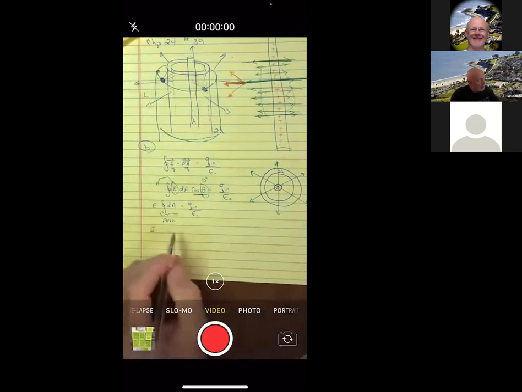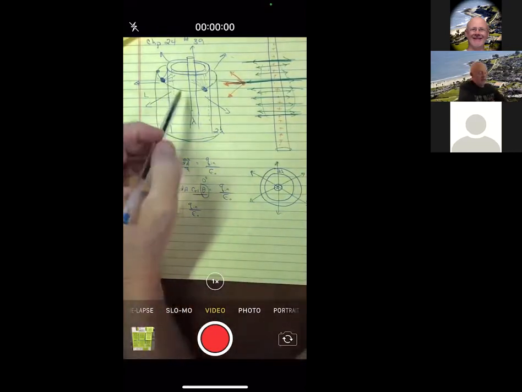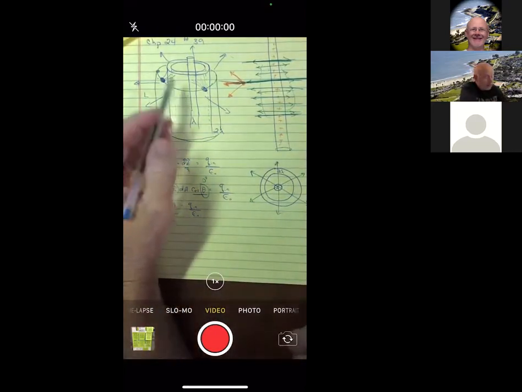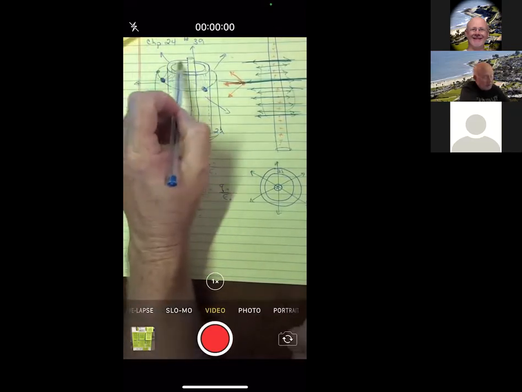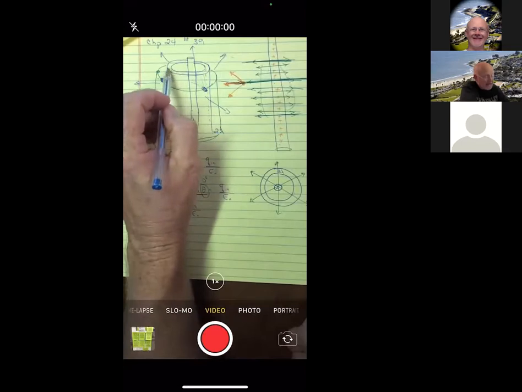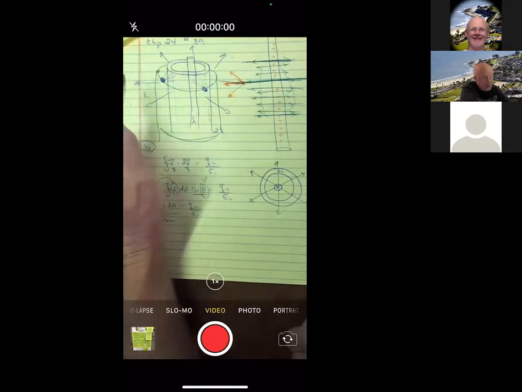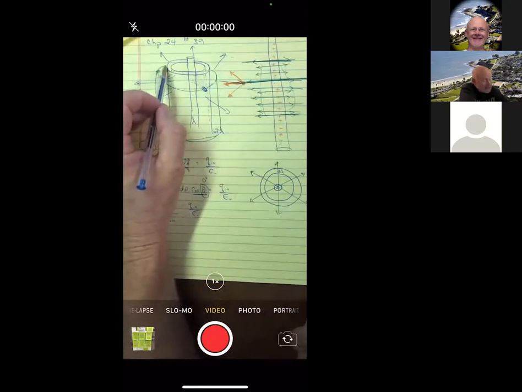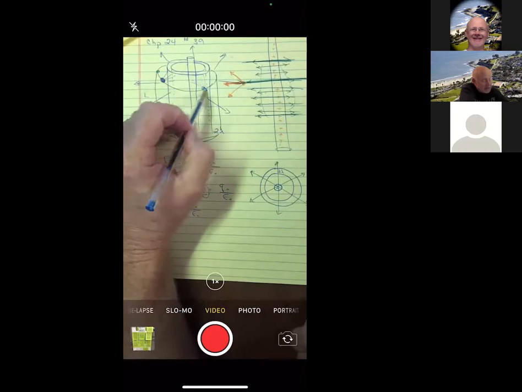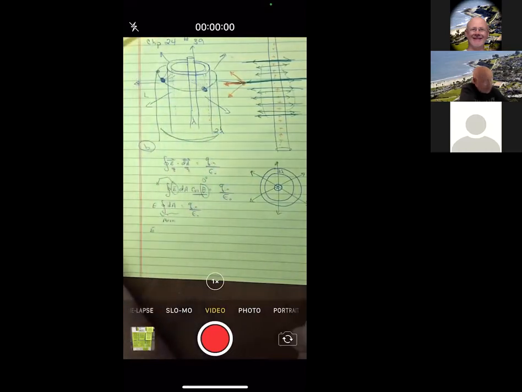So now I can get the area. Now, need to be careful. There's a bunch of areas in this problem. The wire in the middle has a surface area. This cylinder around it has an inner surface and an outer surface. So those are areas, and those are what I call physical areas. But in addition to that, there is this Gaussian surface, which I call a mathematical surface.